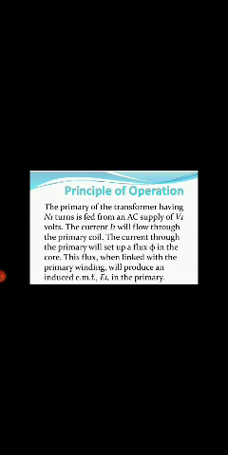The N1 turns are fed from an AC supply of V1 volts. The current I1 will flow through the primary coil and set up a flux in the core, and this flux, when linked with the primary winding, will produce an induced EMF in the primary.